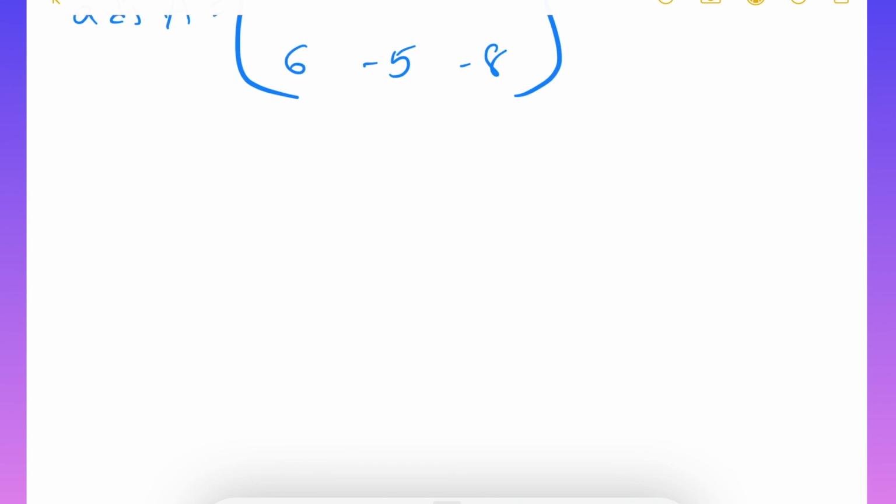Next topic we will discuss is the invertible matrix.